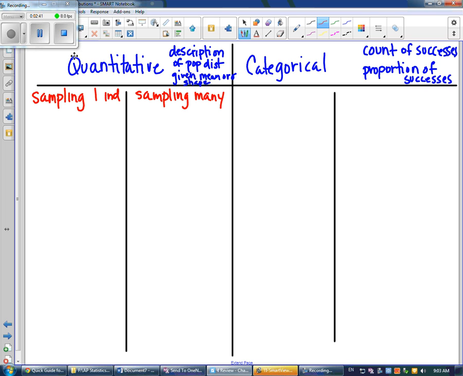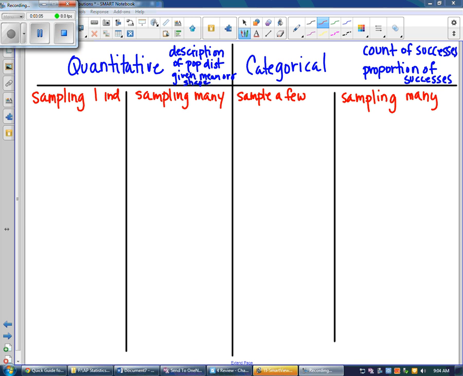And when we're dealing with categorical, oftentimes we'll sample a few versus sampling many. And this is hopefully going to relate to what we've done with the binomial distribution as well. Okay, so I am just going to focus on quantitative data for now.